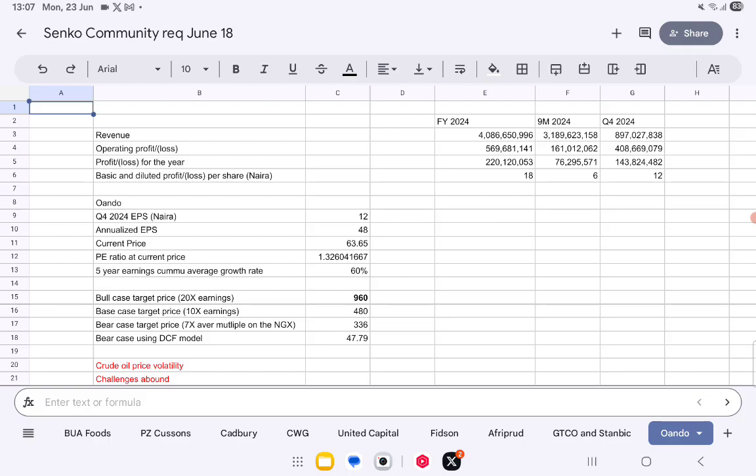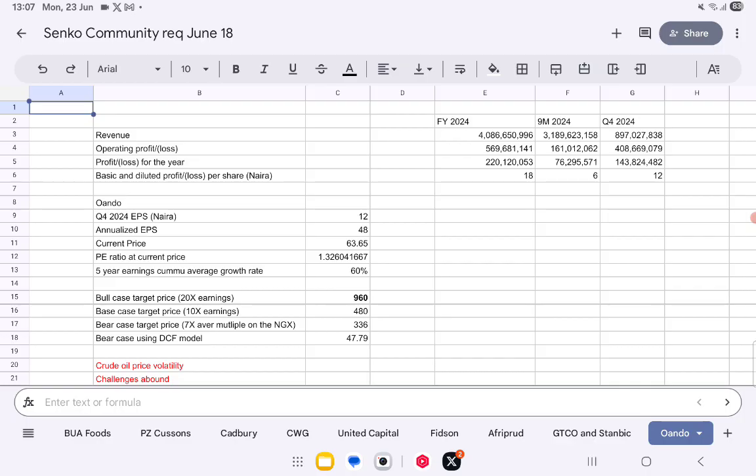So what I did was to say, look, let's take numbers for the most recent quarter, Q4 2024. Now to arrive at that, and if you can see my screen, is that right? Yeah, it's right on my end, upper right.